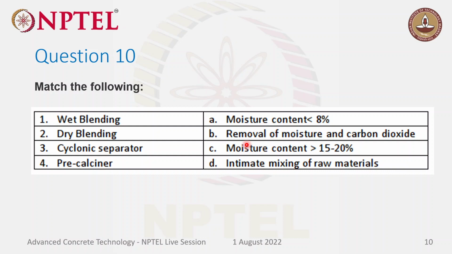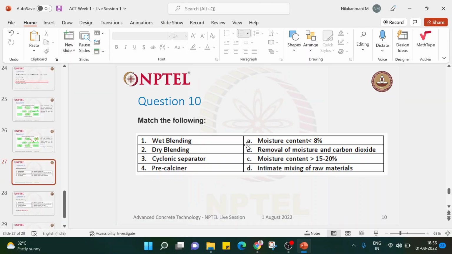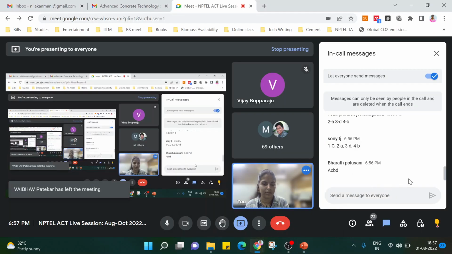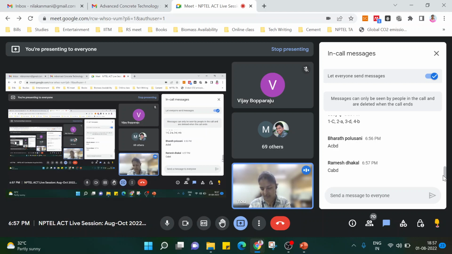Okay, let's see what is the right answer then. Let me check the chat box now and we'll see the answer. ACBD. Okay. CADB. Okay.